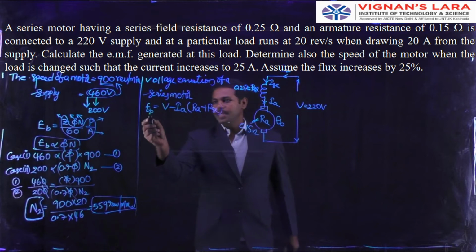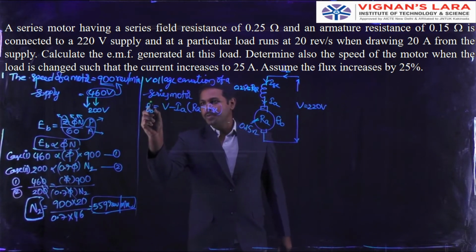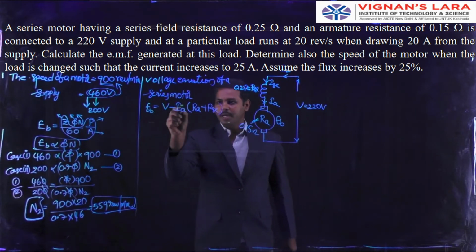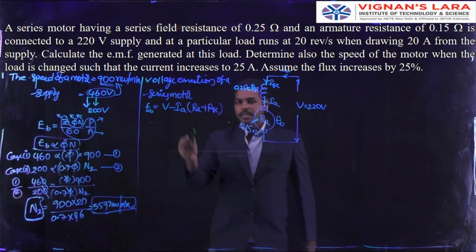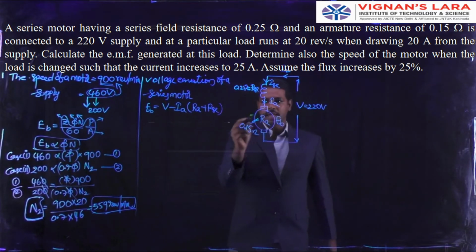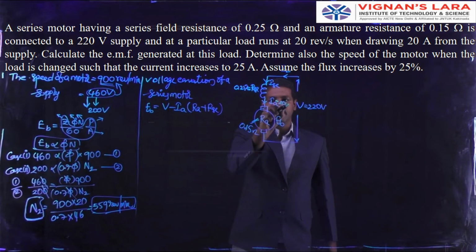The back EMF is produced when the corresponding current is supplied by the motor, which is equal to 20 amperes. IA is equal to 20 amperes.